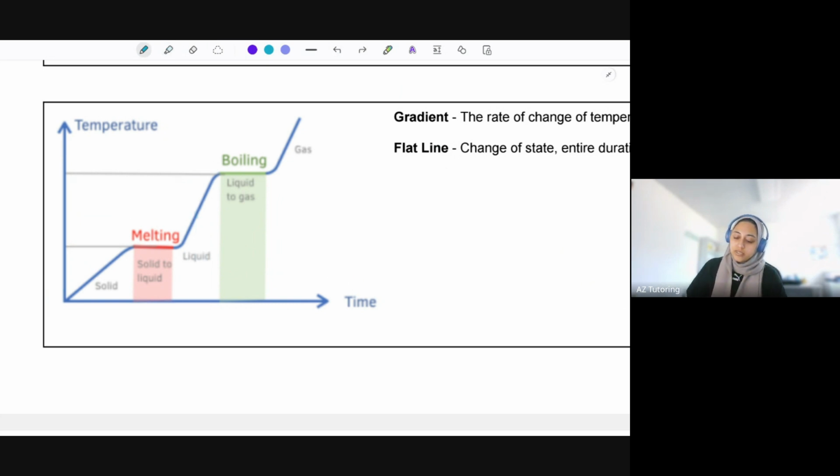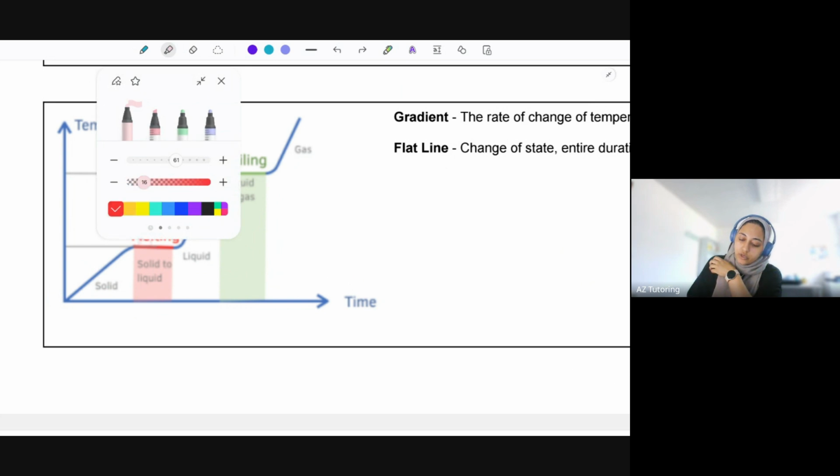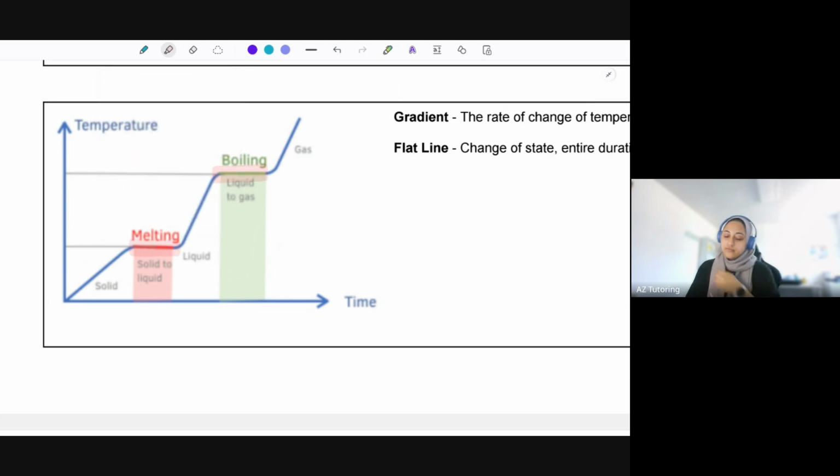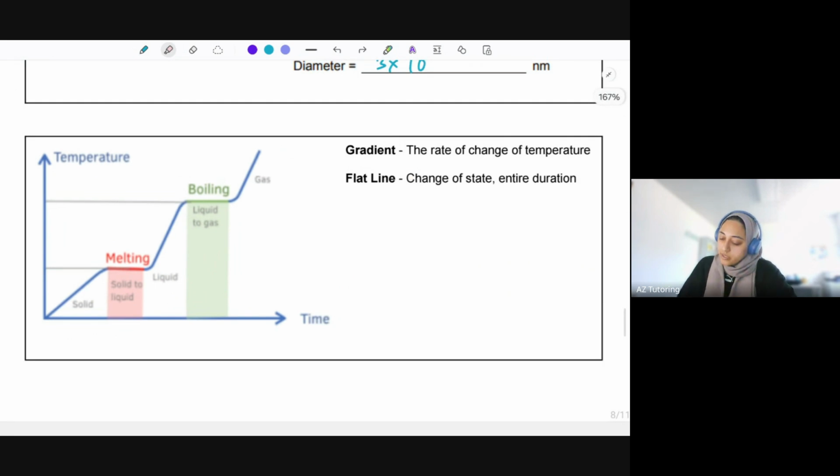So what happens is, as you're increasing temperature, remember we're changing from solid, liquid to gas. That's what's happening here. Now what you'll notice is we've also got these horizontal lines here. The horizontal lines are the state changes. I wrote that here. Yeah, so the flat line is the change of state.